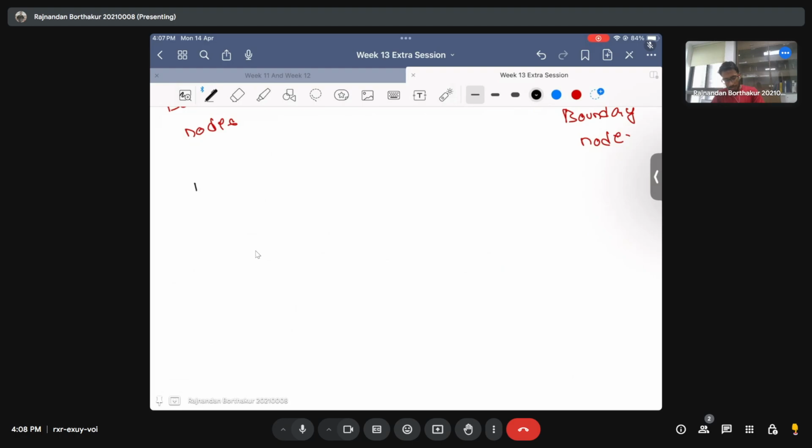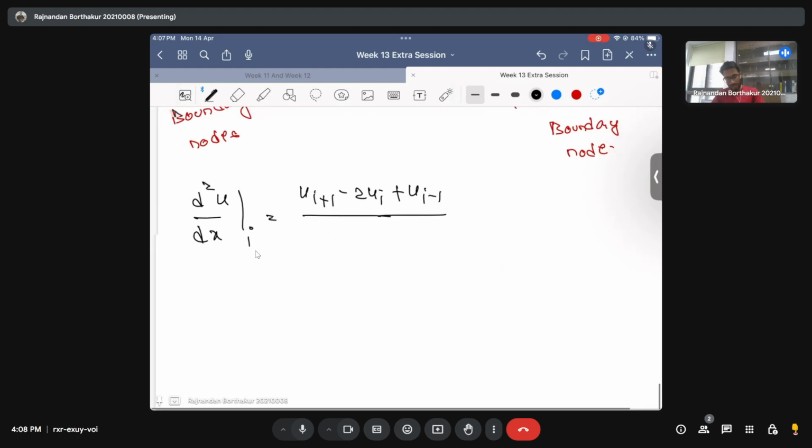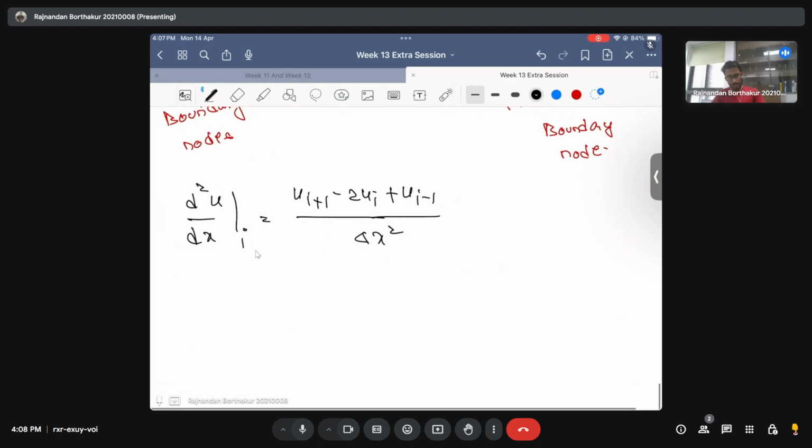You can show that d2u by dx2, if you write this for any generic node, you can write it as u of I plus 1 minus 2 times u of I plus u of I minus 1, divided by delta x squared, plus the corrections, which would be of order delta x squared. So these are the additional corrections that we get from the Taylor series expansion. You'll have some corrections, but we'll neglect these corrections.